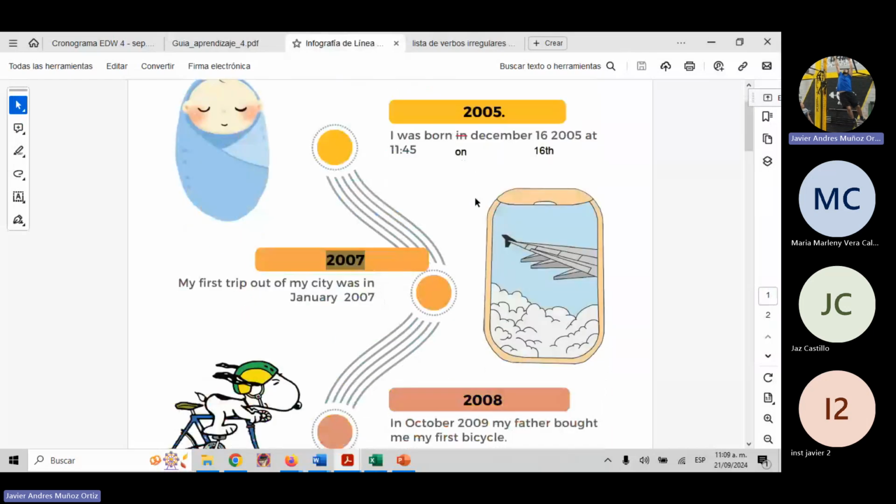Por ejemplo, no es in December 16th, sino on December 16th. Porque si solo fuese el mes es demasiado amplio, en cuyo caso utilizaríamos la preposición in. Pero como es un mes con un día, no es muy amplio ni tampoco es muy específico. No es a las 7 en punto de la noche del día 16 de diciembre de 2005.